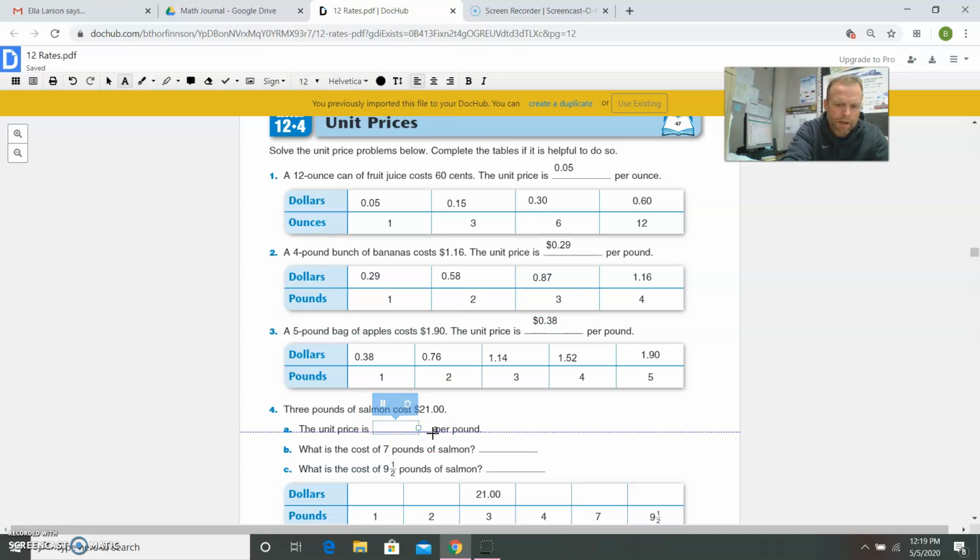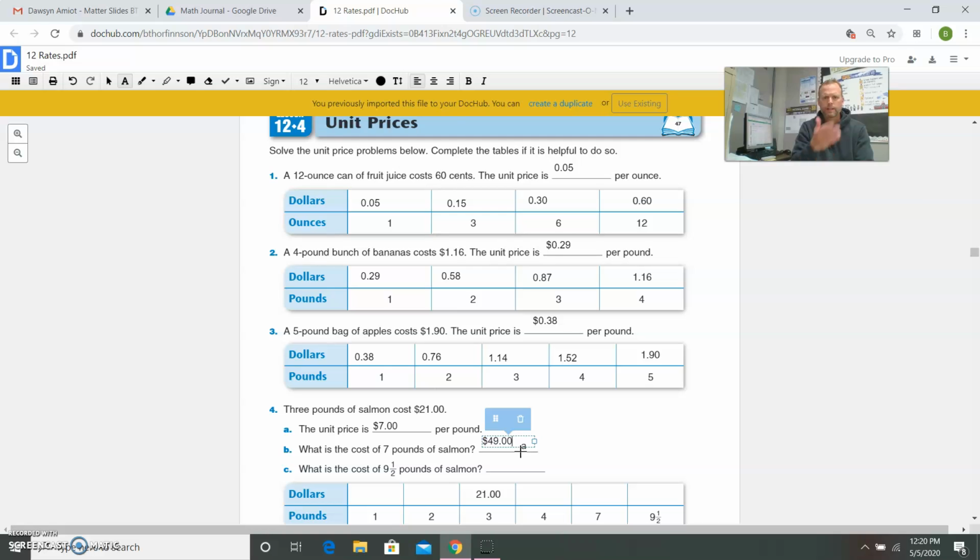So we know divided by 3, 21 divided by 3 is $7 would be our unit price. So what is the cost of 7 pounds? Well, 7 times $7 would be $49 for 7 pounds.